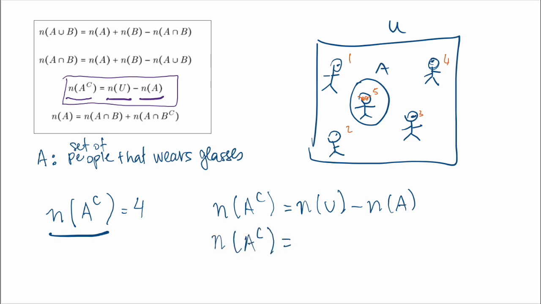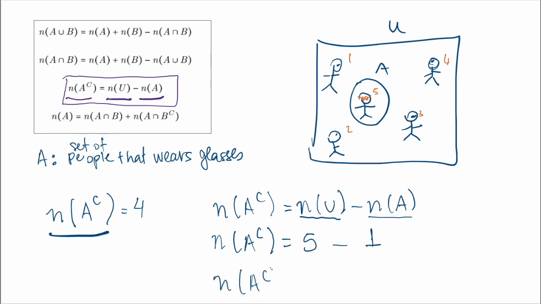So I'm going to substitute the number of people inside the universe with everyone that's inside the universe. So I have how many people? 1, 2, 3, 4, 5. I have 5 people. And I will subtract the number of people that wear glasses. Well, how many? It's just person number 5. So it's just one person, okay?